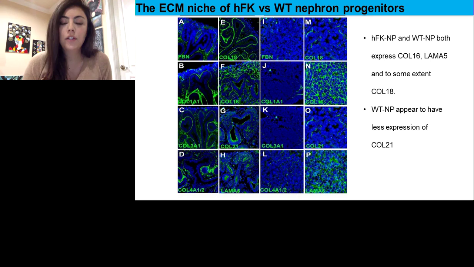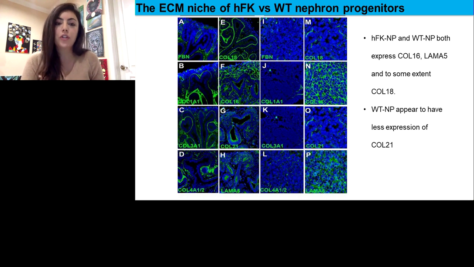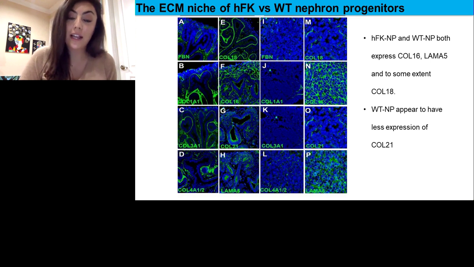So next we wanted to look at the nephron progenitors' niche. We looked at normal human fetal kidney, which is identified A through H, and also Wilms tumor blastema, I through P. And we could see the ureteric bud beautifully outlined by collagen 18 and collagen 1, shown in E and B, and the outer portion where we have the nephron progenitors.